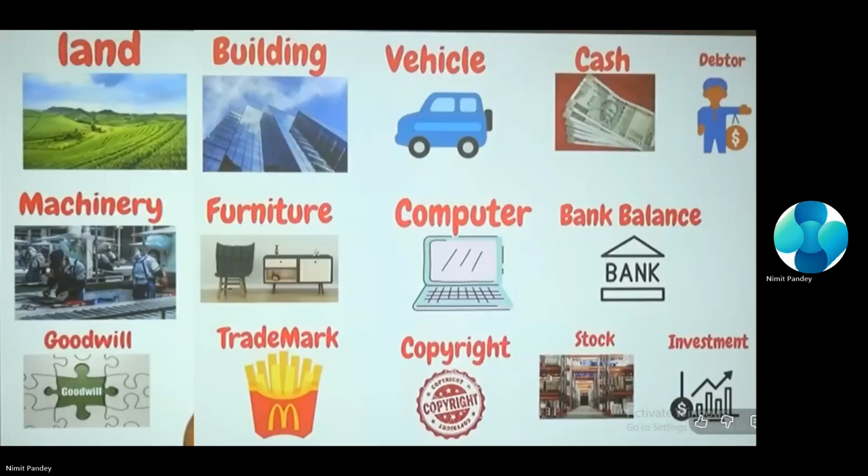Like land, building, vehicle, cash in hand, bank balance, our goodwill, trademark, copyright, machinery, furniture, stock, and our investment also. All are our assets. We can sell them and convert them into cash. So all those things which can be sold and converted into cash are our assets.